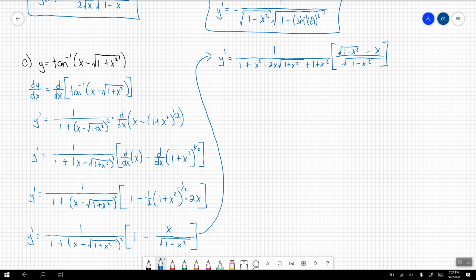So let's go ahead and see if we can combine any terms together. So my numerator is probably going to stay as is. So I'll distribute that in a bit. Denominator, however, I see I have 1 plus x squared, and I have a 1 plus x squared again, and I have a 2 here. So chances are it looks like it can factor. So I'm going to keep that in mind.